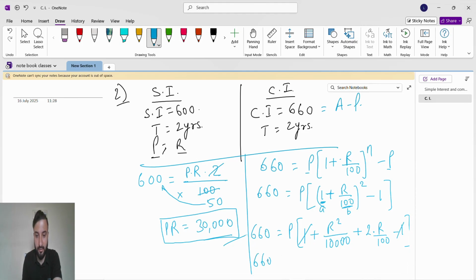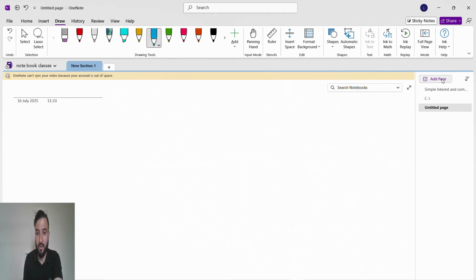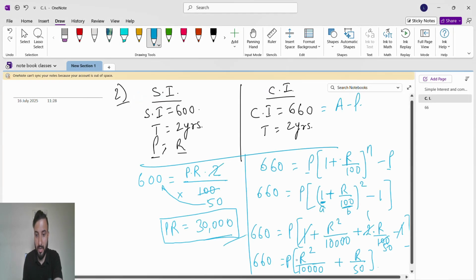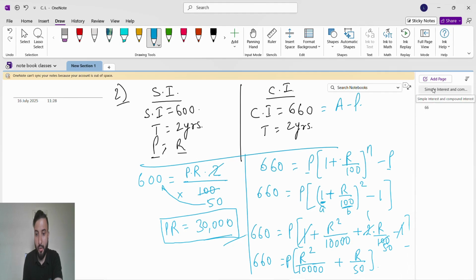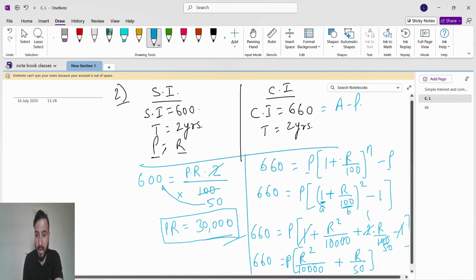So we'll get 660 equals P outside, R square by 10,000 plus 2R by 100, which becomes R by 50 after cancelling. Now we will multiply. Here R is common, so we'll take R outside.